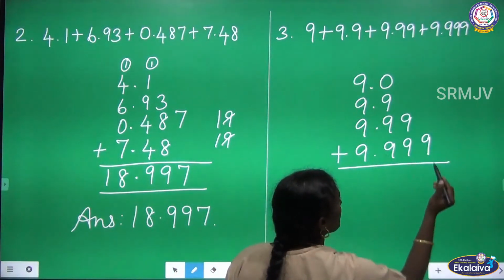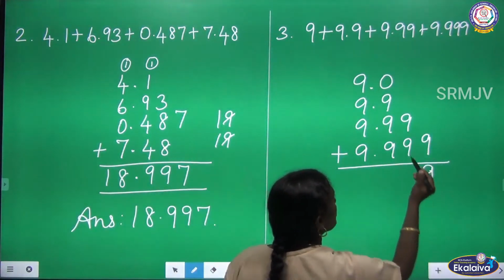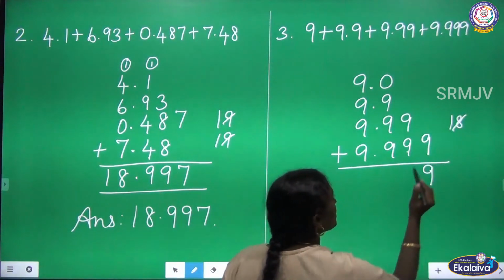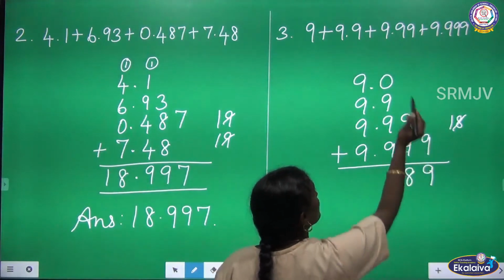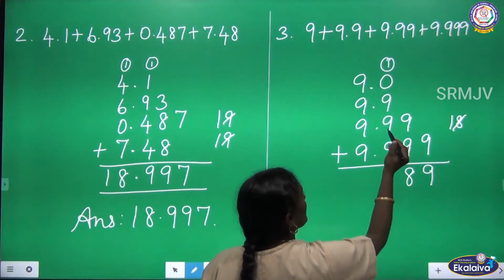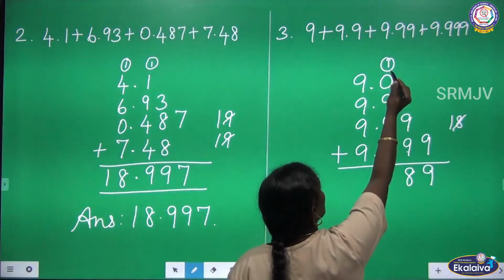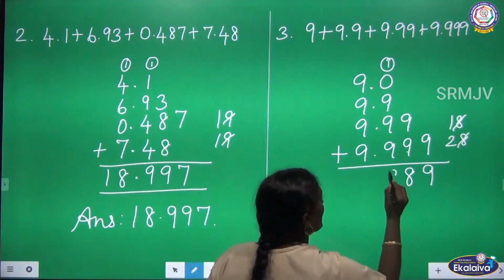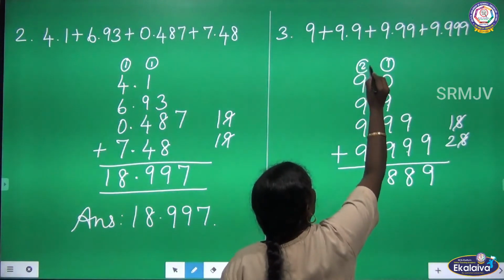We have to start from 1000 place. Here 9 alone is there. 9 plus 9, 18. A 2-digit number. So we have to write 8 here. 1 carry over to the next place. Here 9 plus 9, 18. 18 plus 9, 27. Plus 1, 28. So 8 here. 2 carry over to the next place.